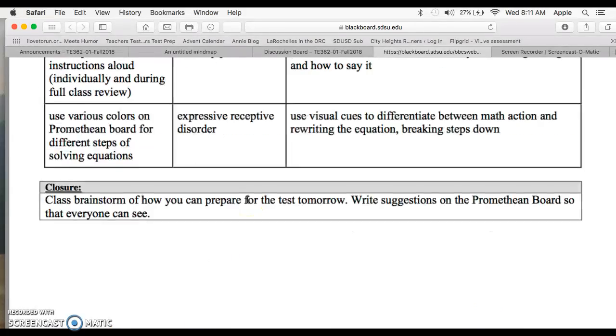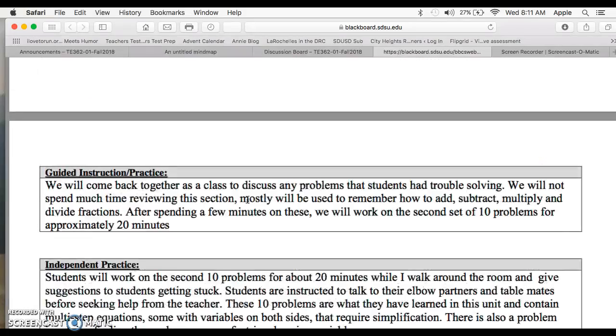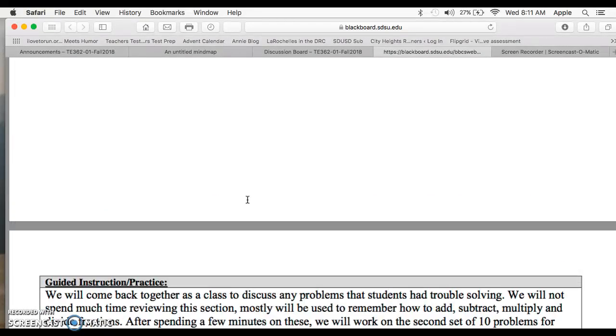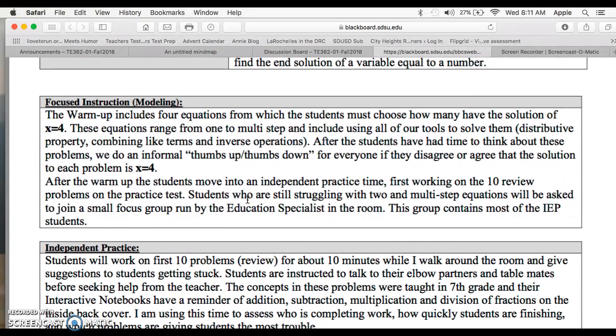Right after the warm-up, the teacher will model that, and then do some scaffolding and find out who's getting it and who's not getting it by thumbs up and thumbs down.